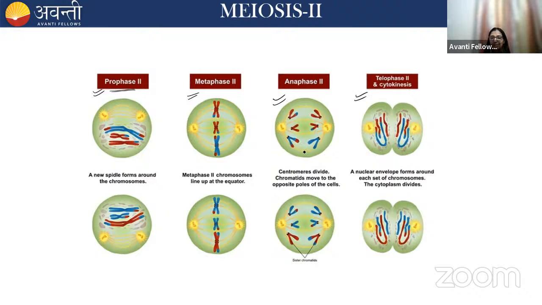In telophase 2 and cytokinesis, first, let's discuss telophase 2. In telophase 2, the nuclear membrane reappears, the nucleolus reappears, and the chromosomes start decondensing to form chromatin. Now telophase 2 is followed by cytokinesis. So the end product of meiosis is 4 haploid daughter cells.